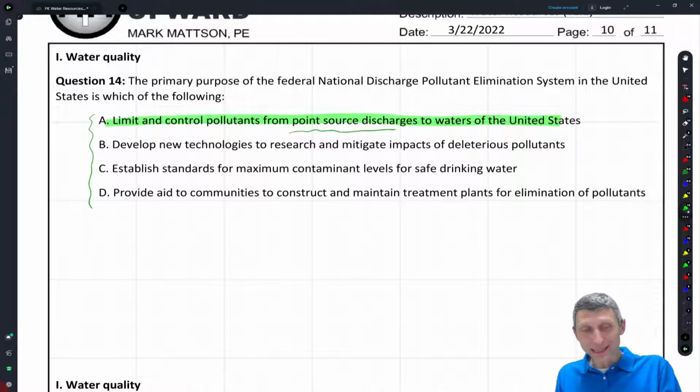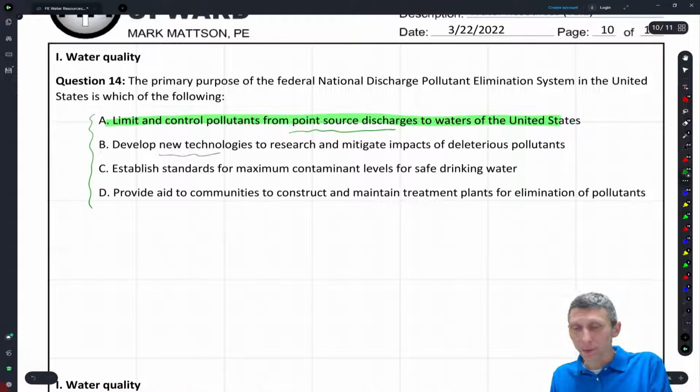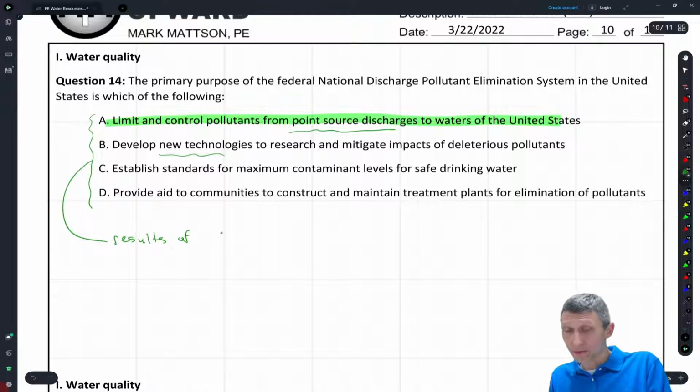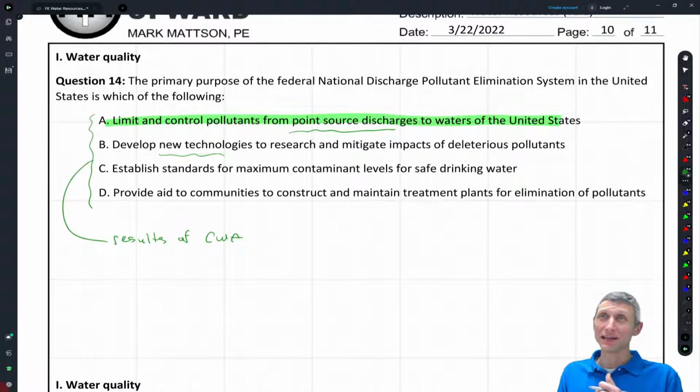But then the other components of these are all results of the Clean Water Act. The Clean Water Act was put in place to protect water quality. You see that even now, even with some of the lead in the drinking water, and you see Clean Water Act stuff going on.